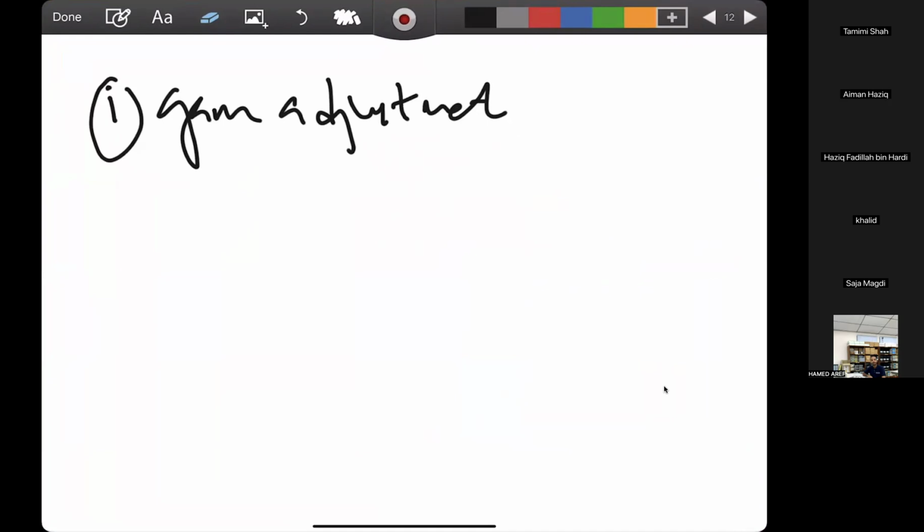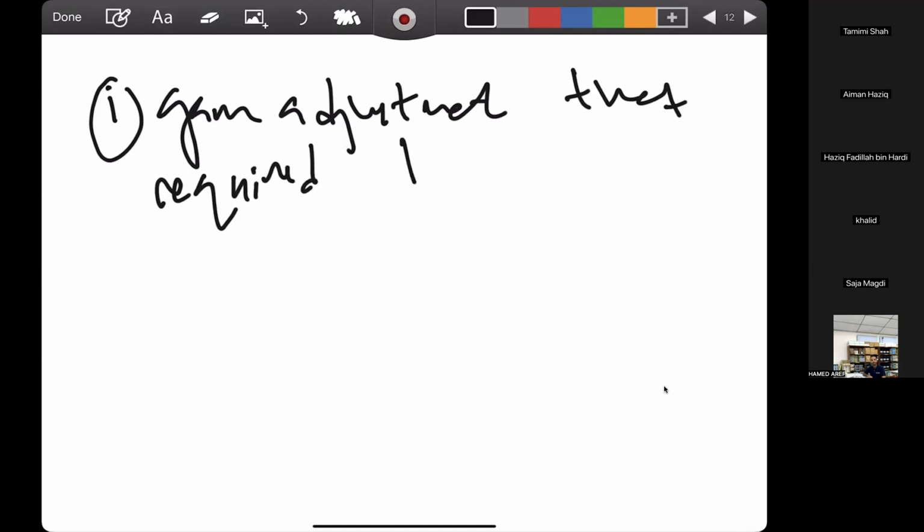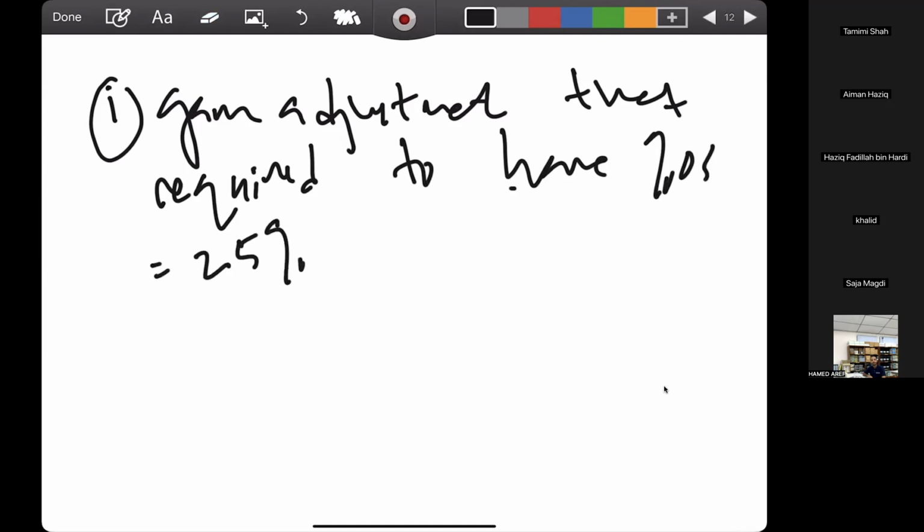So the gain adjustment required to have overshoot 25%, and phase margin, how much just now?